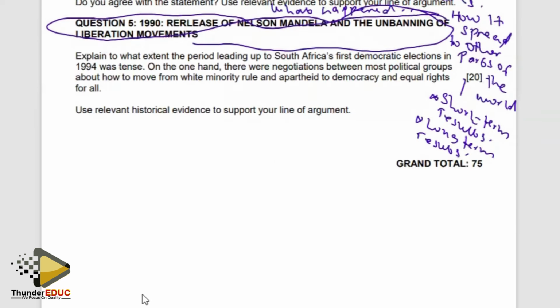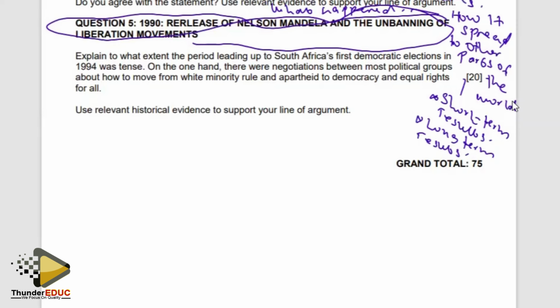Now let's talk about the release of Nelson Mandela and the unbanning of liberation movements. Here also you should plan and construct an original argument based on relevant evidence using analytical and interpretative skills. So in your introduction, you should explain to what extent the period leading up to South Africa's first democratic elections in 1994 was tense.